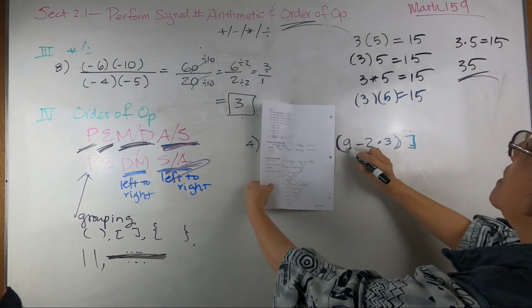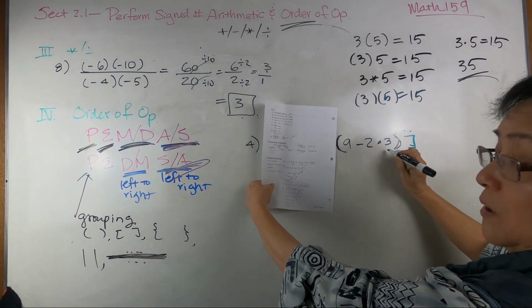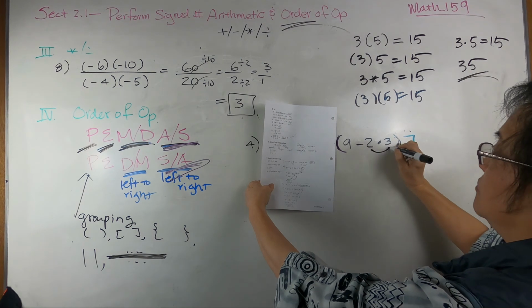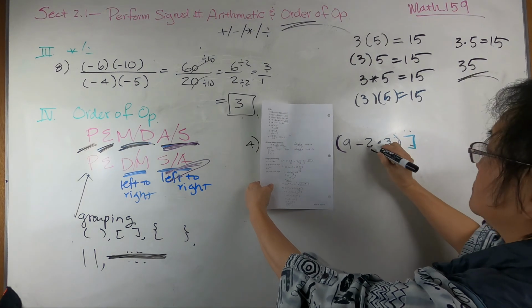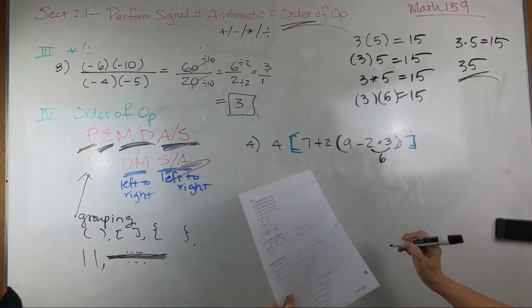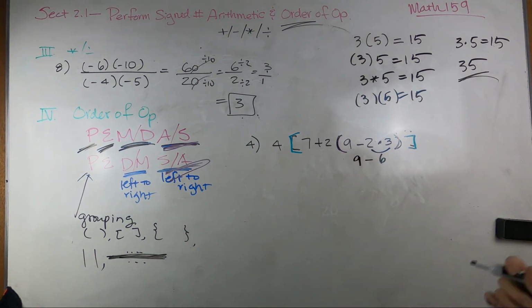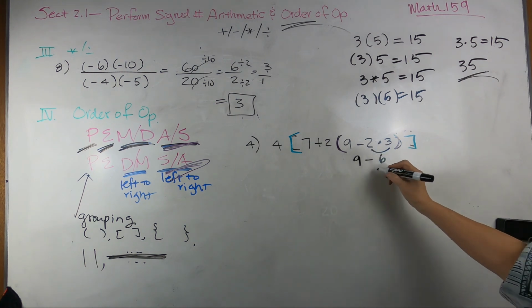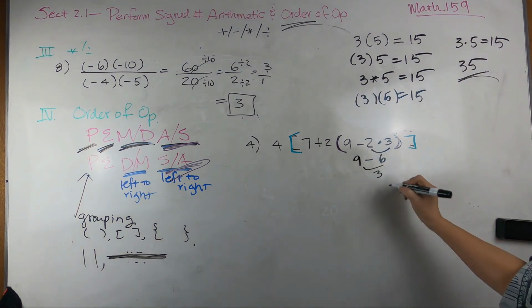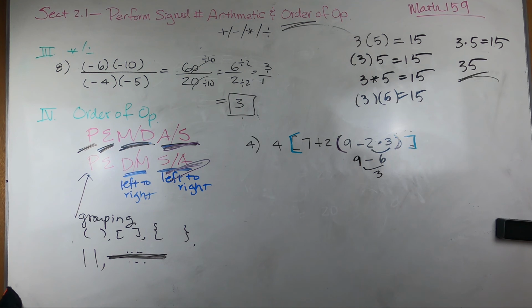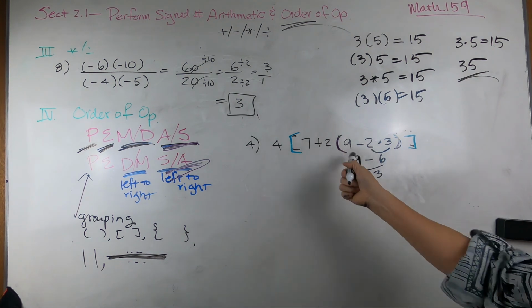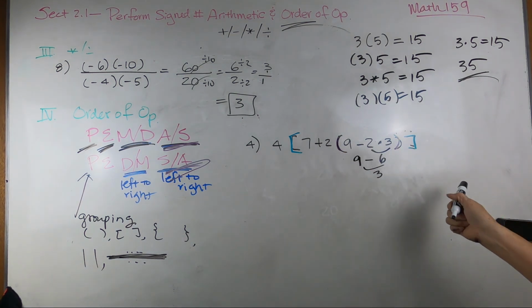So between 9 minus 2 times 3, which one should you do first? Multiplication, right? So 2 times 3 is what? 6. Then you have 9 minus 6. Is that right? So 9 minus 6 is what? 3. Then you better rewrite it instead of clouding your thinking.